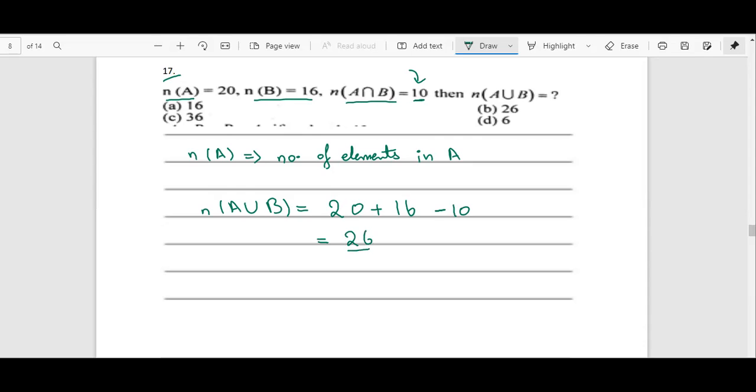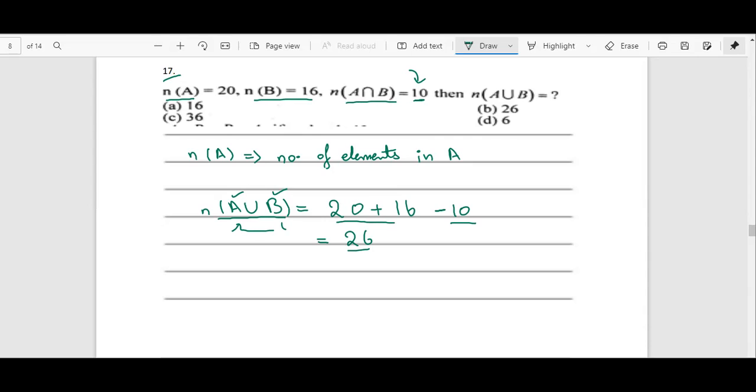I repeat, when we have A union B, it is a rule. We write all the elements of A, all the elements of B, and if we have something in common, we subtract it. Why? Because when we are writing all the elements of A, all the elements of B, if something is common, that is coming two times, right? Let's say I have an element 2 in A and I have that 2 in B as well. Now when I write down this sum, I will basically include the number 2 two times, right?